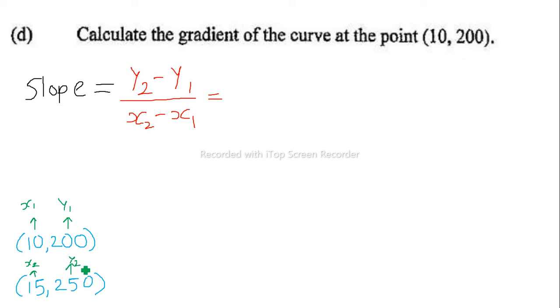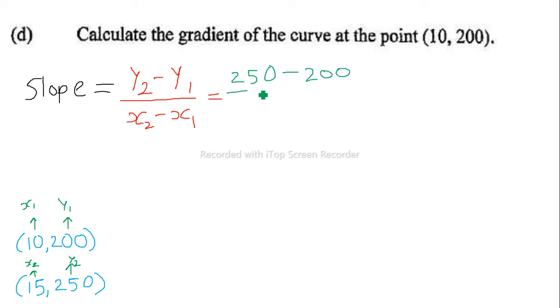So there you have it. Y2 is 250 minus Y1, which is 200.